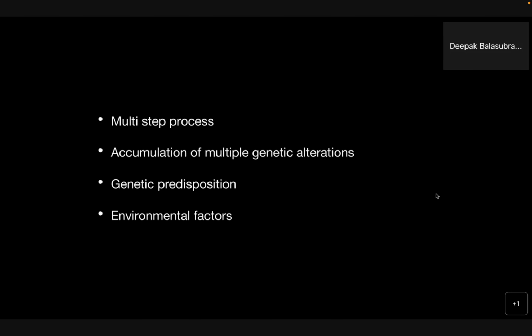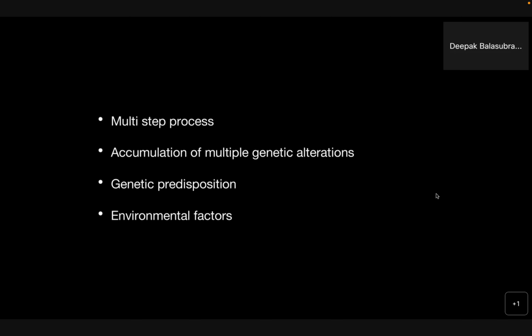Because it's a multi-step process, there is an accumulation of multiple genetic alterations. It's just not one genetic alteration, but multiple genetic alterations which feed the tumorigenesis. And an important part of the initiation and progression of tumorigenesis is the genetic predisposition of the patient.